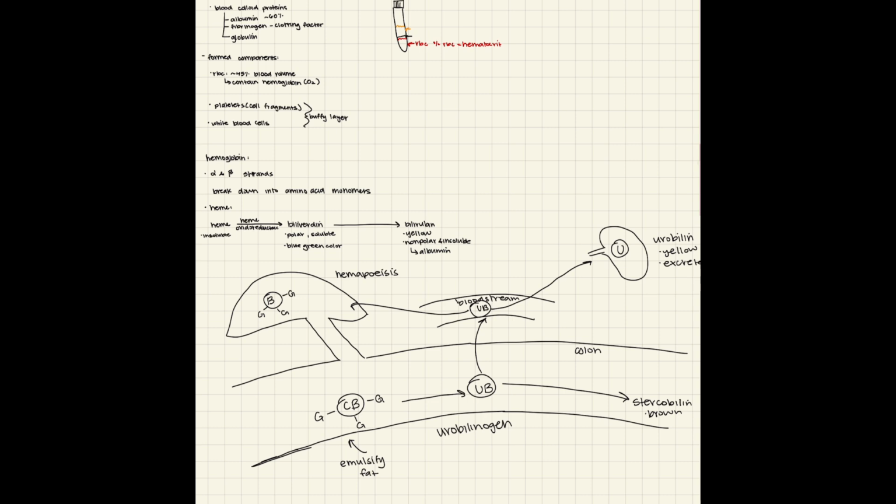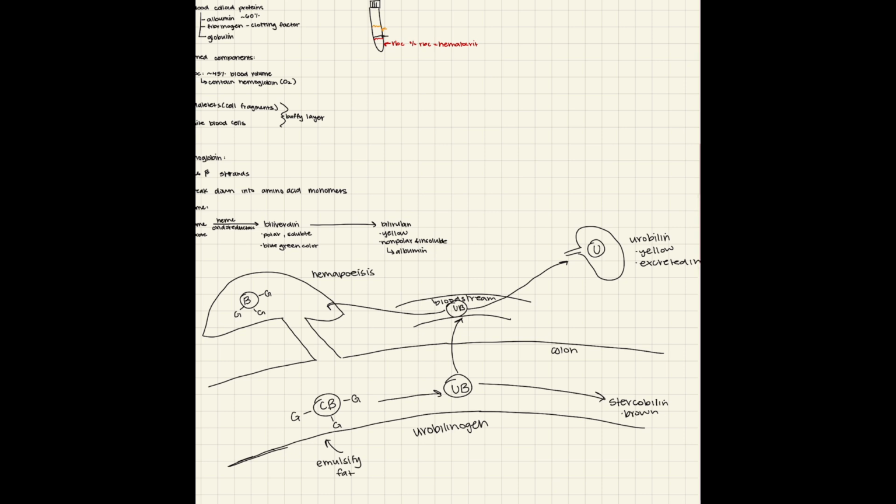But the way that we fix this normally is we treat it with a blue light, and blue light helps us to break a bond in bilirubin that makes it significantly more polar. So now bilirubin is soluble, just like conjugated bilirubin is, and we can send it so many more places when it is soluble versus insoluble. So that's how jaundice happens and how we can fix jaundice.